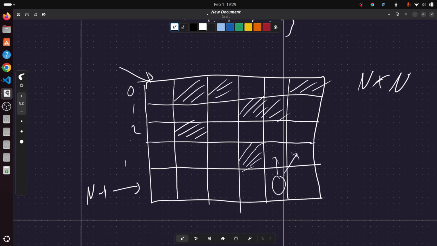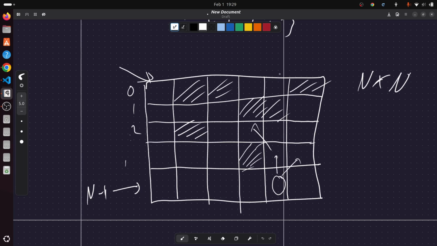So you can simply apply BFS or DFS on this graph, start from here, and from here you can go here and here, then from this cell you can go here, here or here, then from here you can go here, and so on. So basically this is a graph, right?